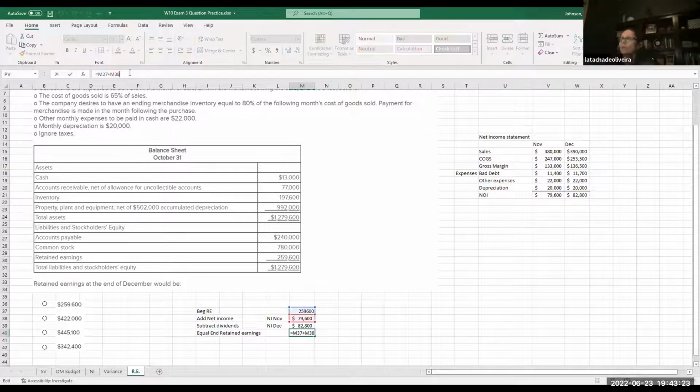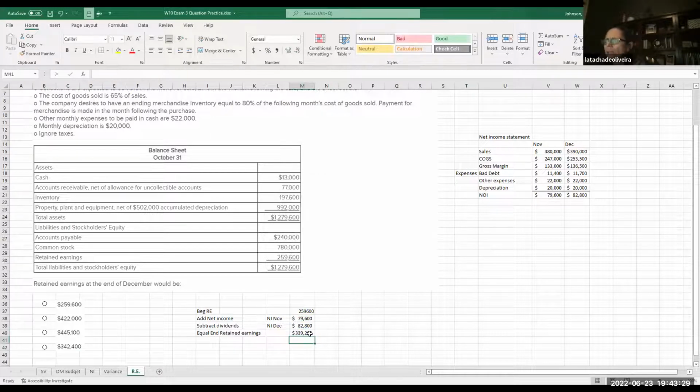So you take your beginning, which they give you, and then you add your net income for November. And why are dividends not the net income? Explain that part to me.